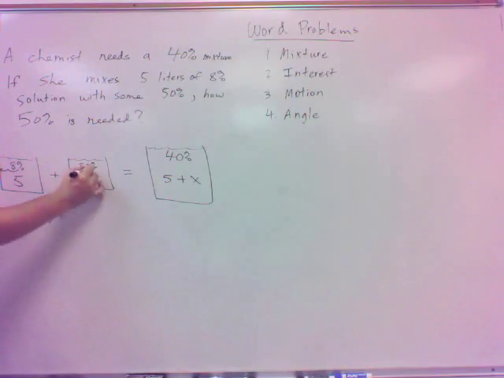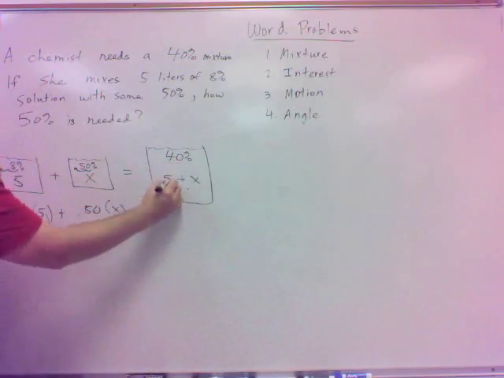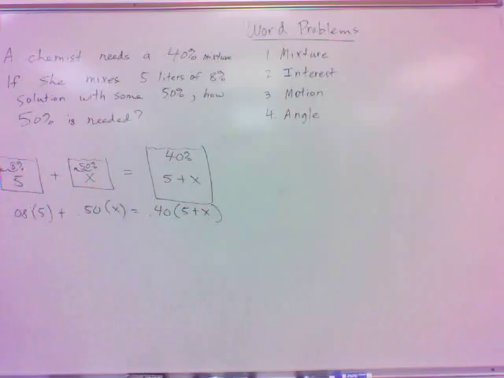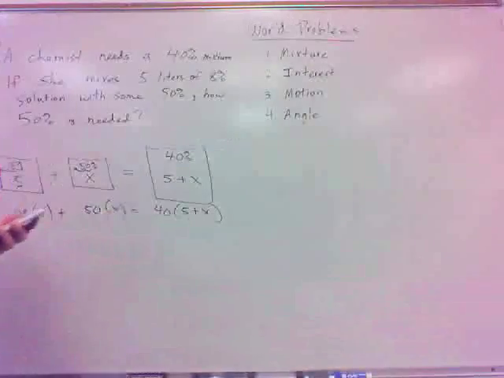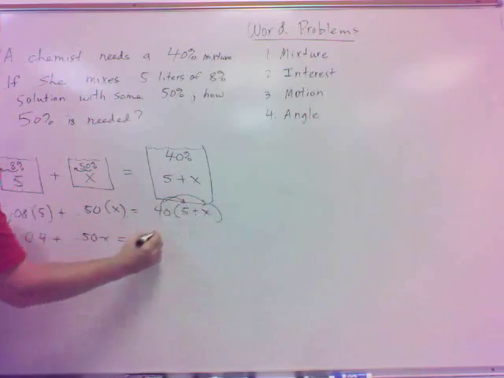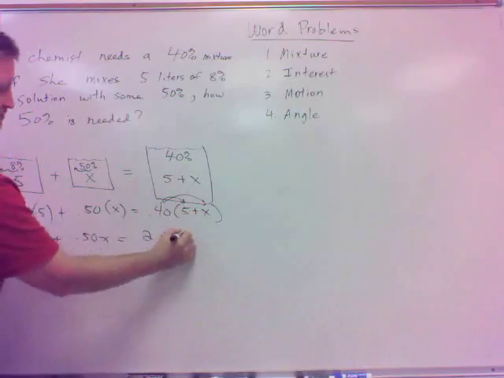The 50% is 0.50 times X, equals 0.40 times 5 plus X. That gives us a nice equation to solve. 0.08 times 5, what do you got there? 0.4. 0.50x, just leave that like that. Distribute here. The 0.40 times 5, that'd be 2. And then 0.40 times x is 0.40x.